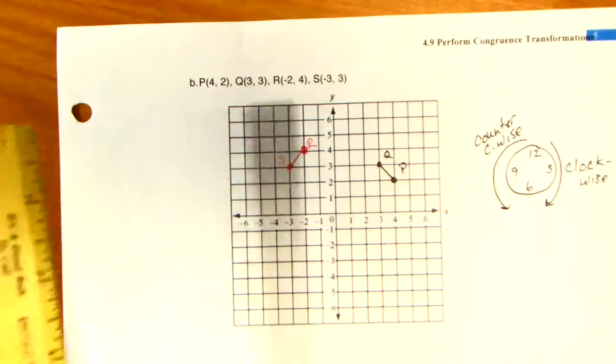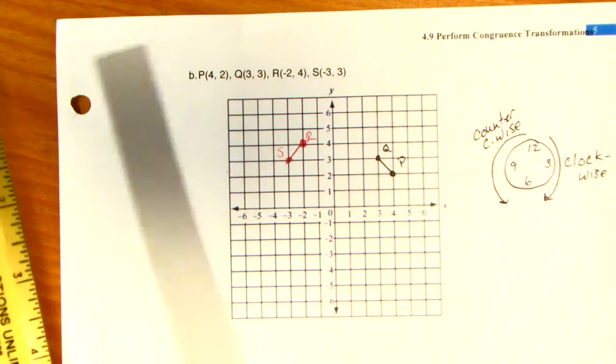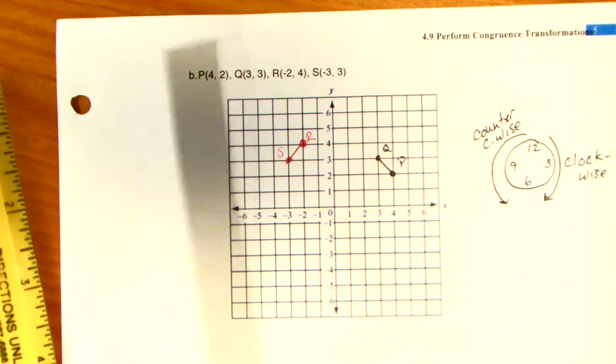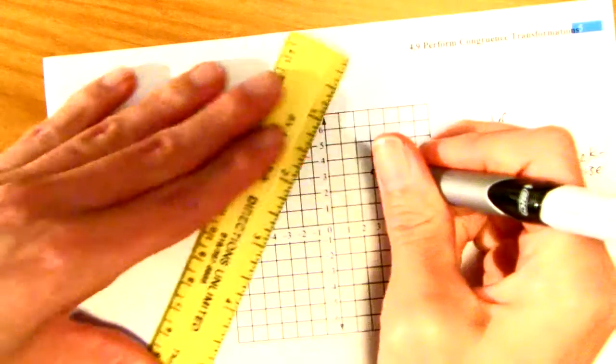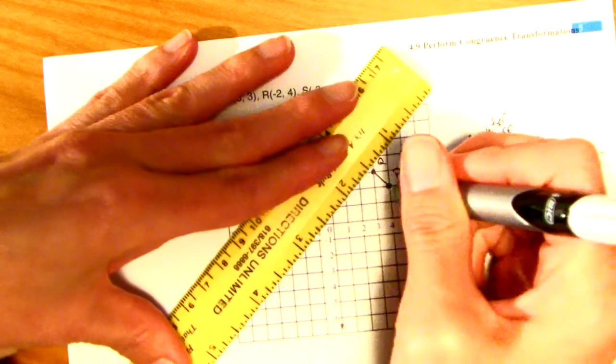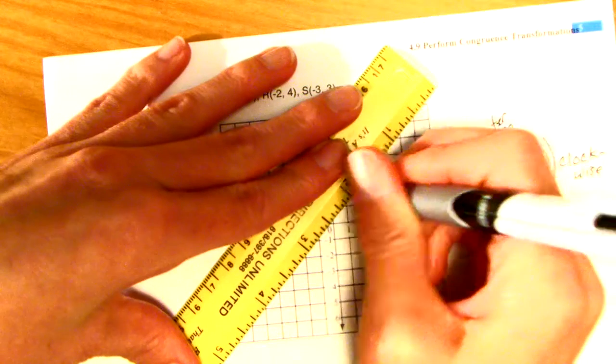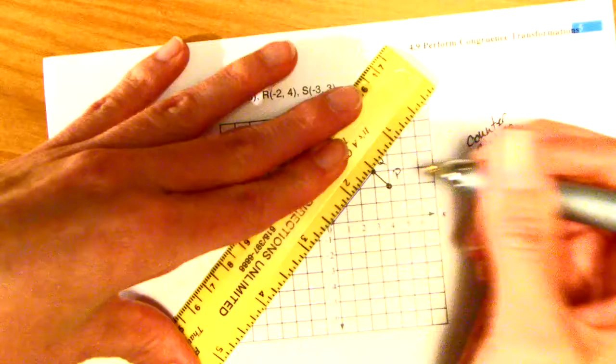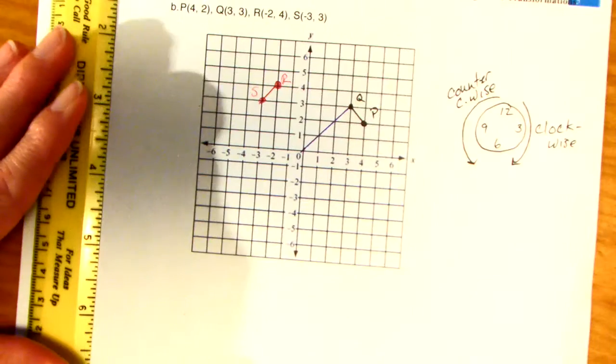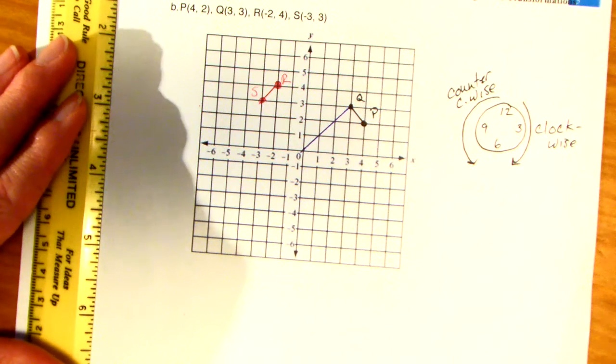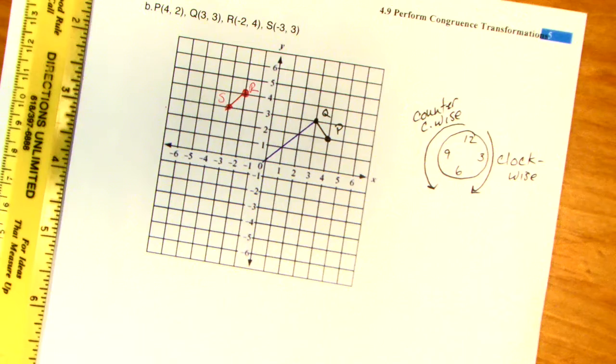Now how you're really supposed to do that is, I'm going to take point P. Let's do this in blue. And I'm going to pick Q and connect it to the origin, because that was my center of rotation. Remember, what point did that map onto?